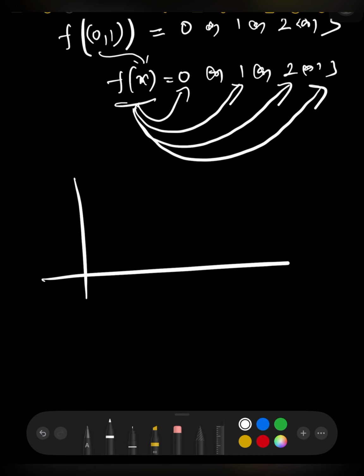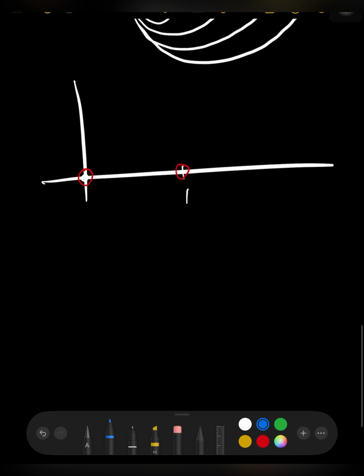Like, suppose it is from 0 to 1, and I say f of x equal to 0, then the function is 0 here.